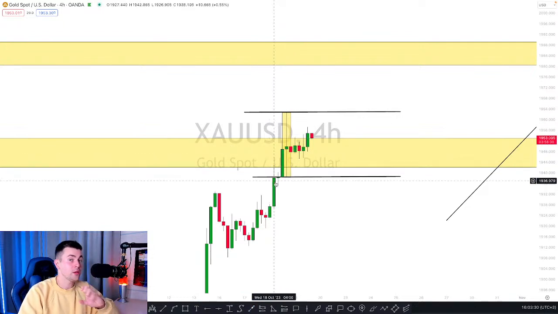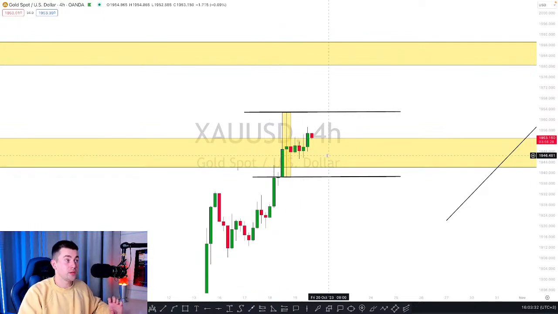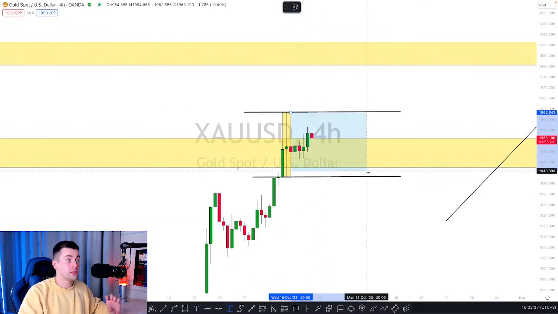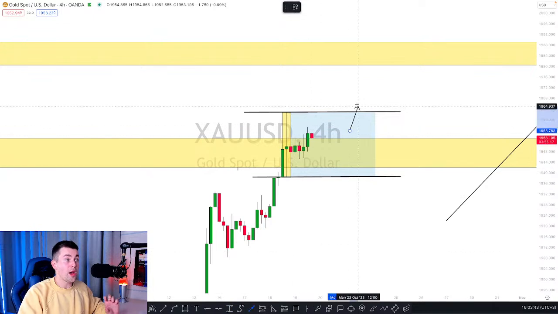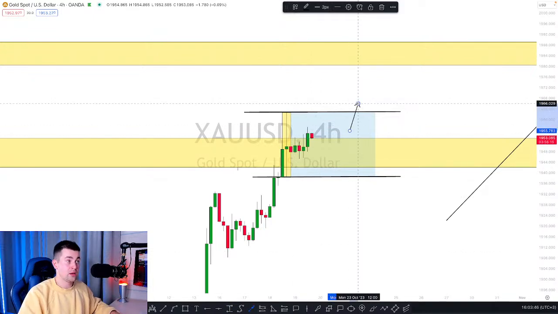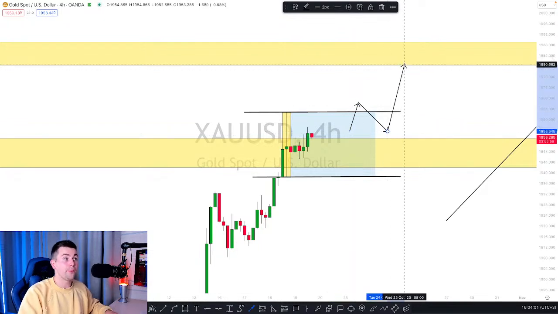And you know what? Once you spot such a pattern, your main focus now is the boundaries of that range. Because the breakout, the violation of the upper boundary of the range of the mother's bar will be your very strong intraday bullish signal that you can apply for predicting a bullish continuation.